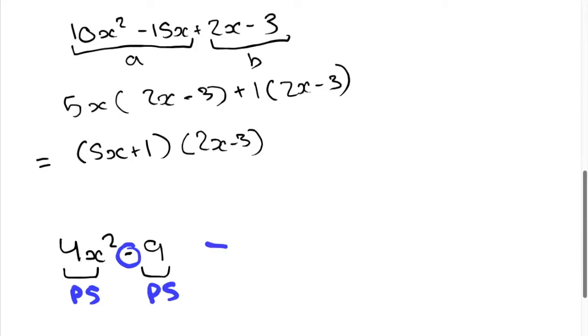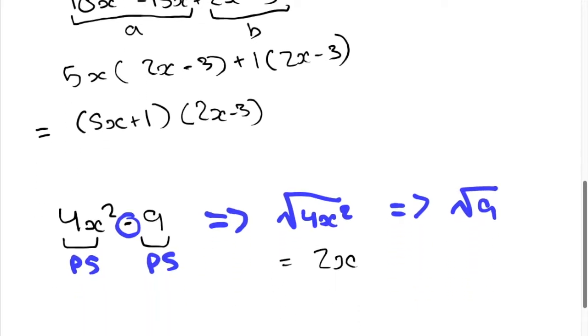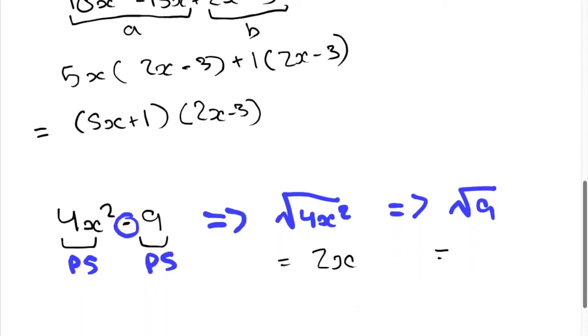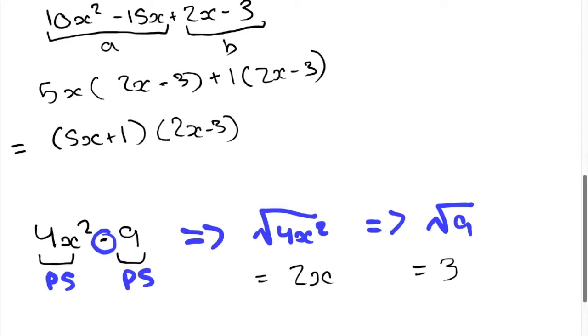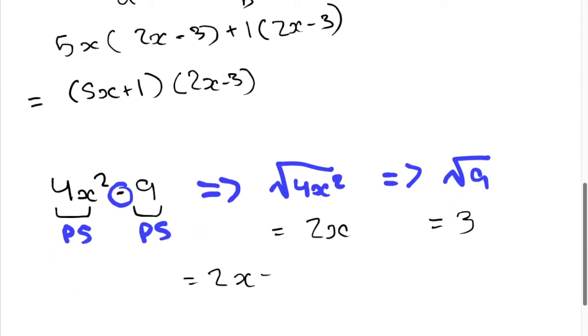So when you want to factor a difference of squares, all you do is square root the first term, which is 4x squared, which gives you simply 2x, and you square root the second term, which is 9. After you square root 9, of course, you get 3, and you simply write it as 2x minus 3 and 2x plus 3.